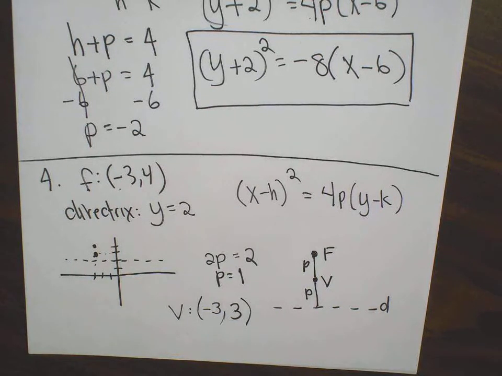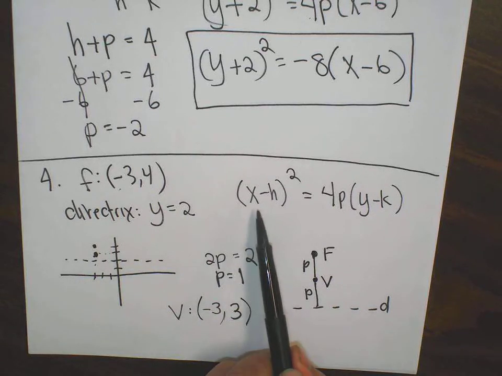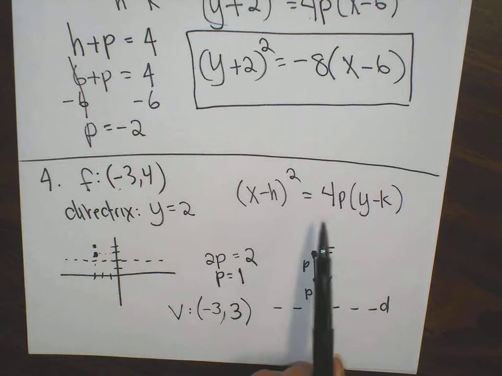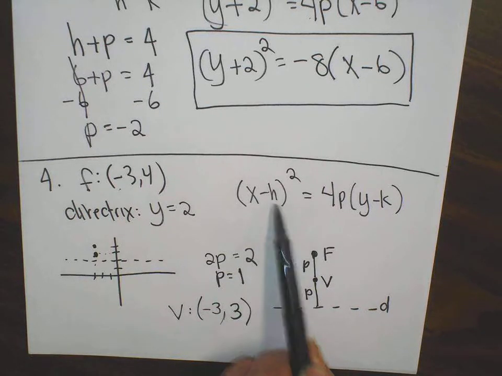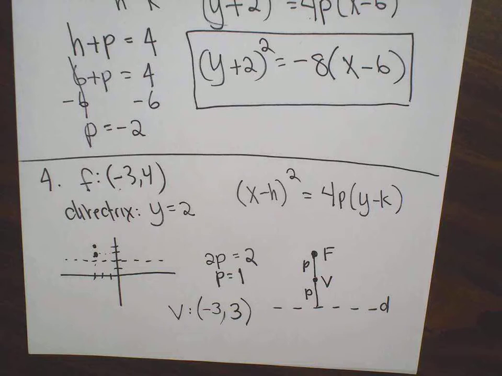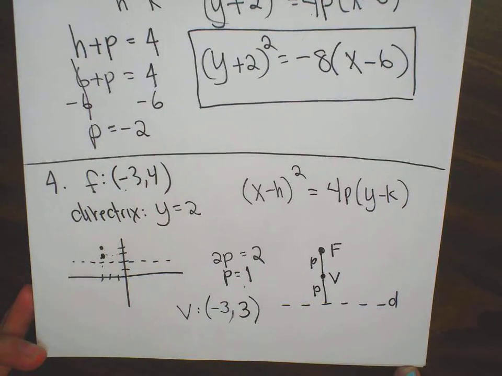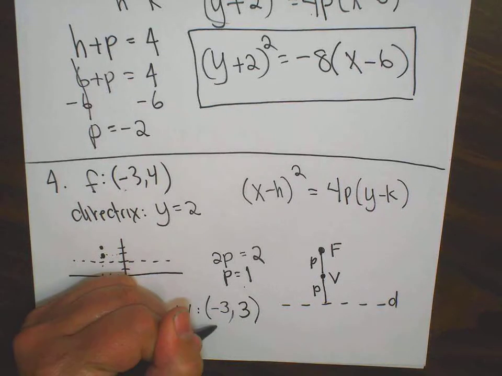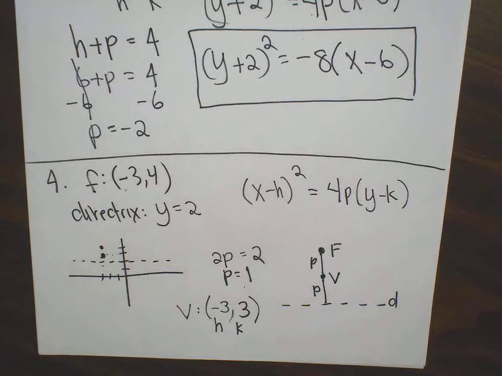And what was the whole purpose of this question? What are we trying to do? Find the equation of the parabola. So in my equation, x and y stay as variables, and I need to fill in h, p, and k. So I have p is 1. What's h and what's k? They come from the vertex. So this is h and this is k.